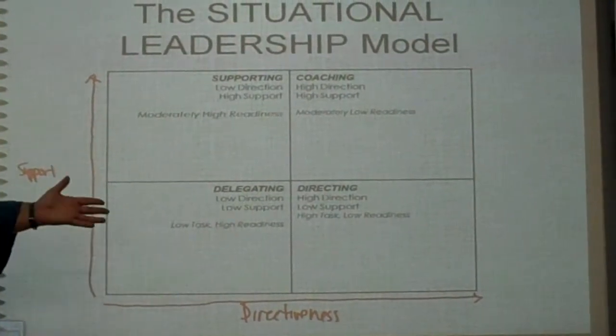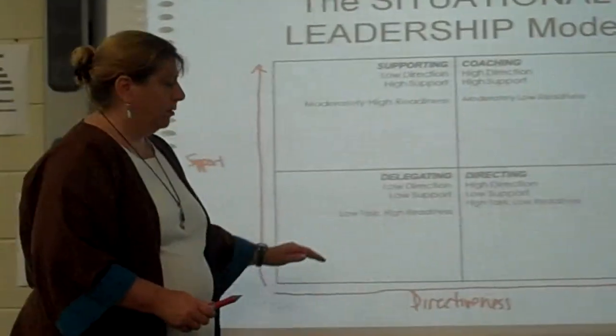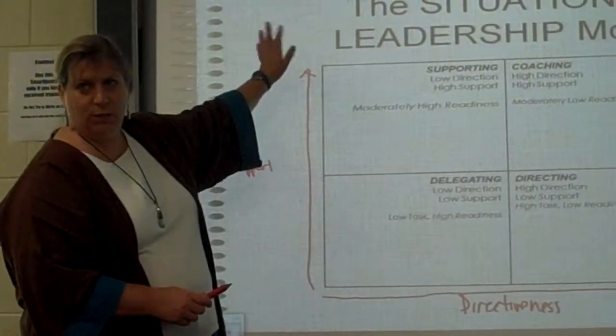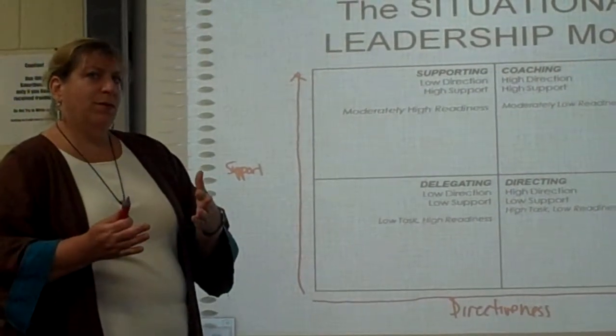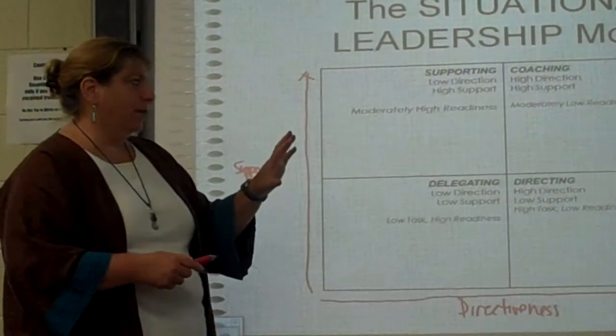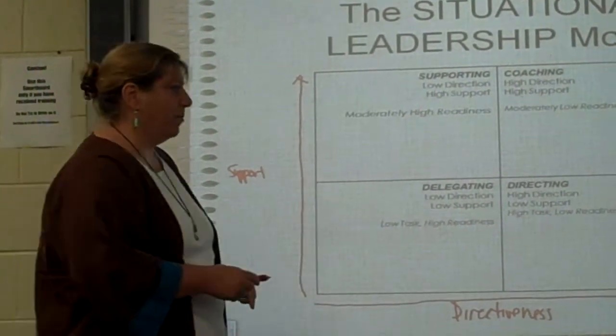The way that our numbers work, this is less directive and this is more directive. This is less support and this is more support. I'll talk about some of those pieces in a minute, but it's helpful to see what the model looks like, and then we'll go from there.